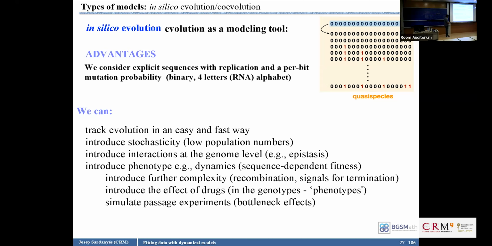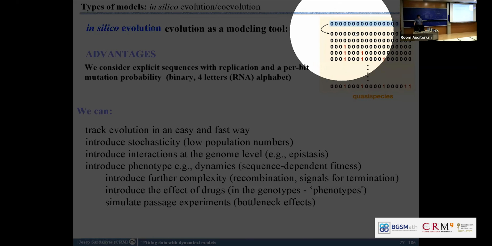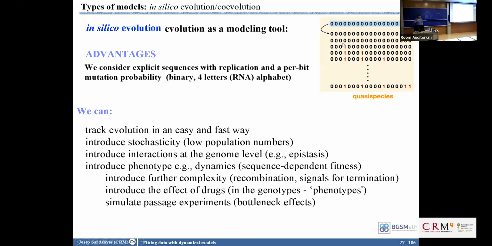I can study it very easily because I can consider that as I accumulate mutations, this is usually called a fitness landscape. There are other ways to do it, but what you measure is the fitness of the virus as a function of the number of mutations.